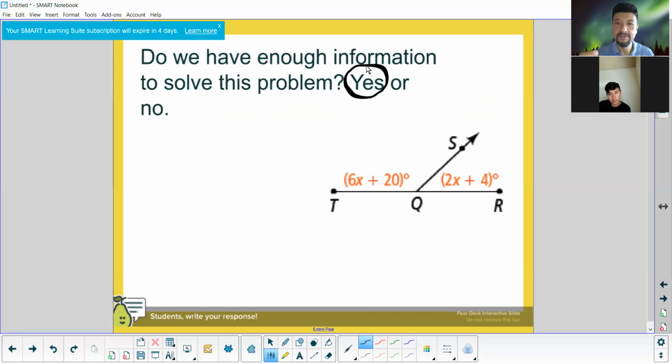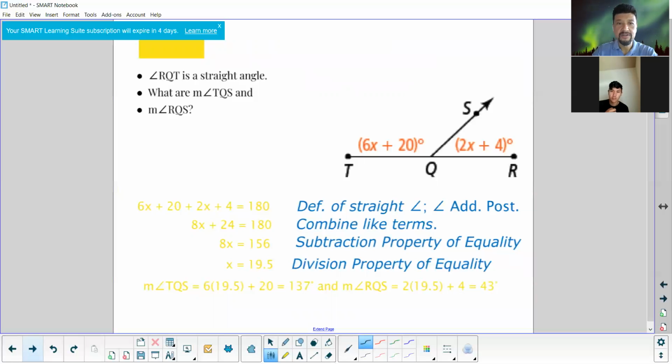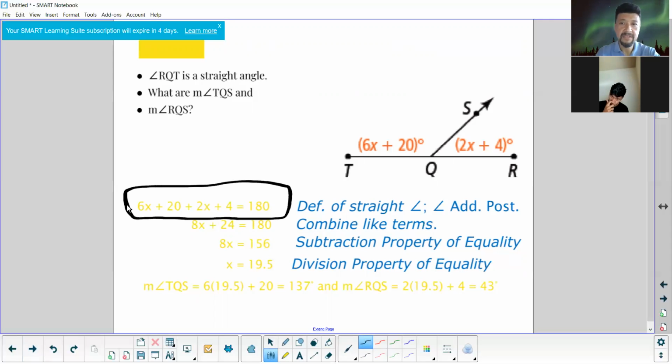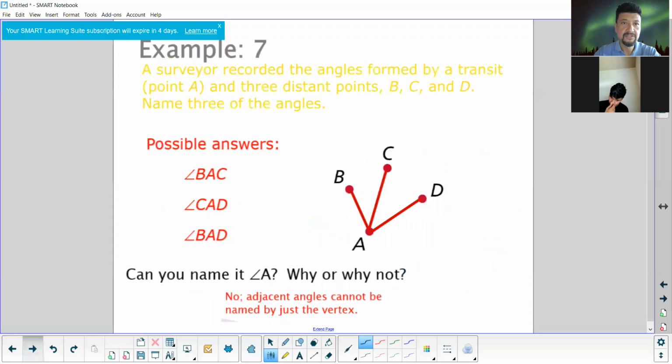Yes, you're absolutely right. So this is 180 degrees, right? Good. And then it shows you here the setup. You add them together, and it's going to equal 180 degrees. And then you just go through the process of solving it. All right, let's do the next one.